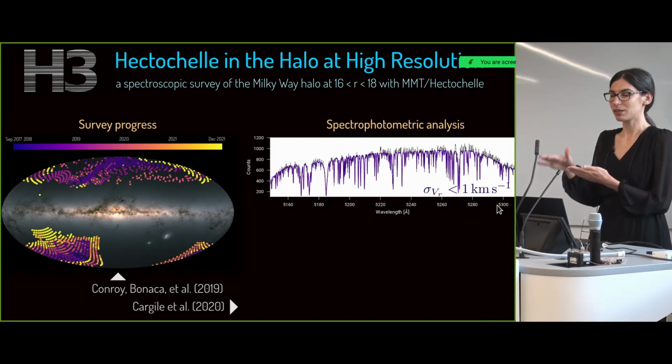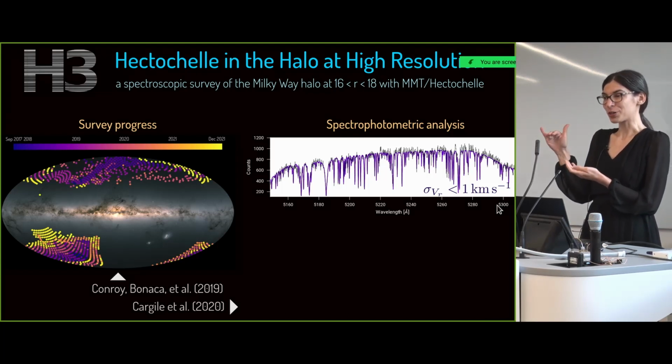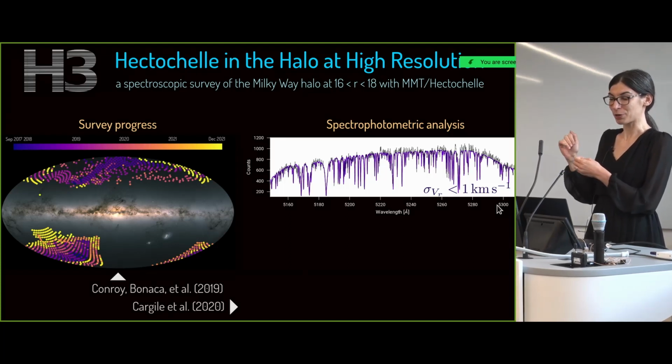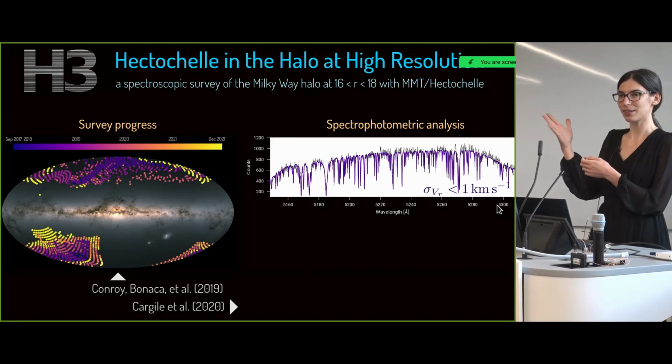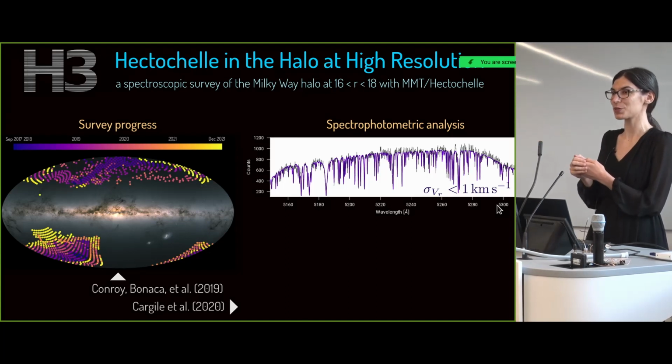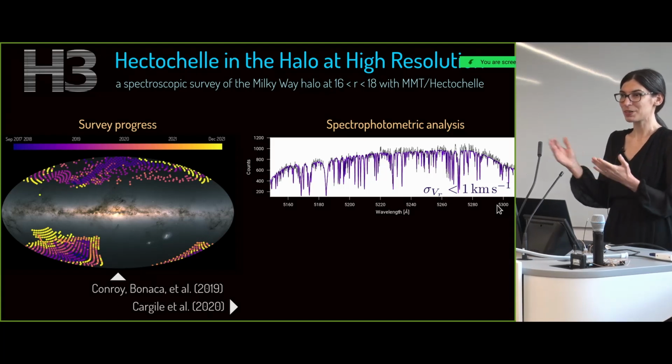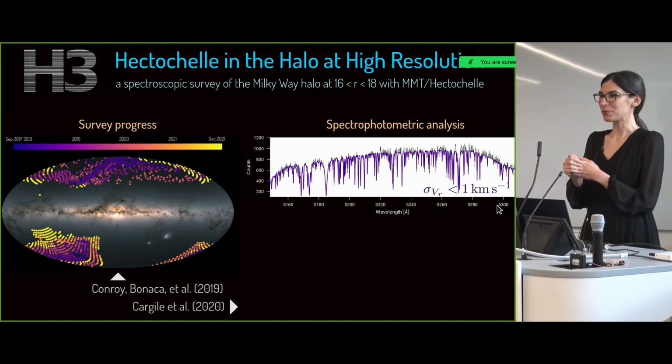We've tailored our exposure times to have a signal to noise of 3 for our faintest stars, and this still allows us to get 1 kilometer per second radial velocity precision for basically our entire sample. So this has been a way to complement Gaia information.